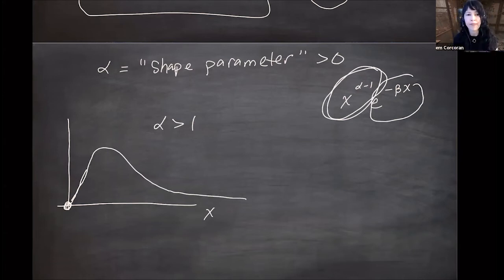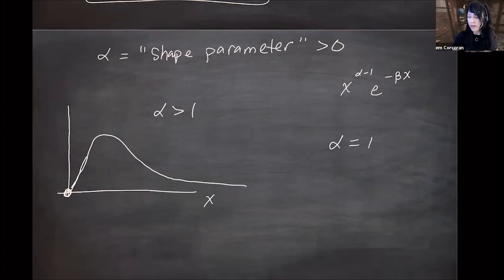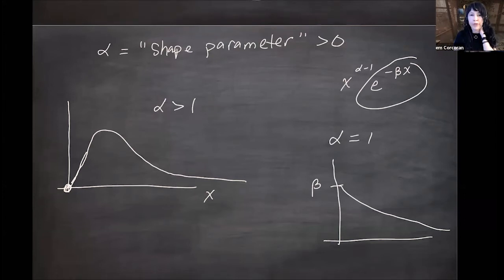You get a picture, not really a drawing, but kind of a skewed bump like this. And if alpha is equal to 1, then you're just left with this, which is not normalized. I don't have the right constants, but you can see that when you plug in x equals 0, you're at 1, and then you're going down exponentially. I guess I shouldn't put the 1 here, because it's actually going to be the beta constant that we need to make that a proper PDF, but it's an exponential distribution.